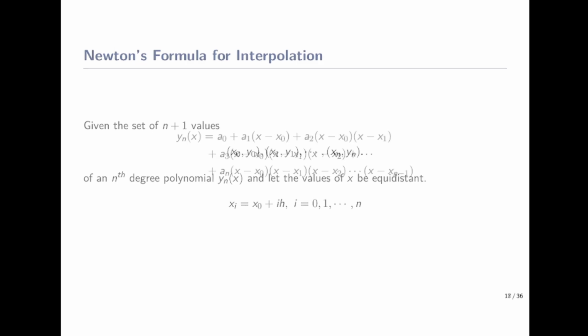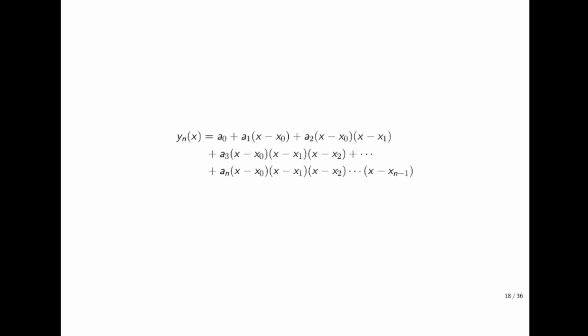We will assume that the function which we want to find, yn of x, is equal to a0 plus a1 (x minus x0) plus a2 (x minus x0)(x minus x1) plus etc., plus an (x minus x0)(x minus x1)(x minus x2)...(x minus xn minus 1). Now our job is to find the values a0, a1, a2, a3, etc., using the data set.